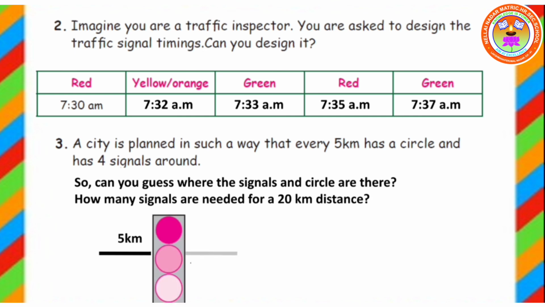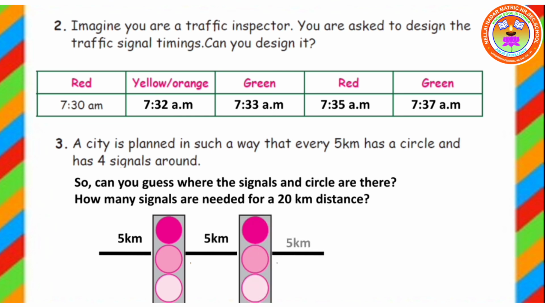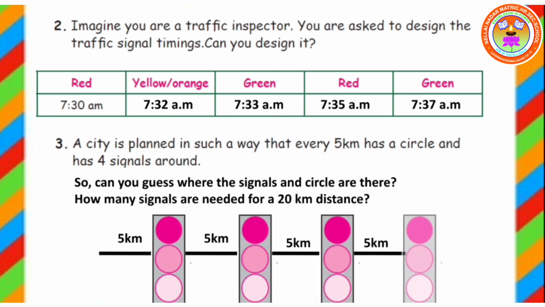Second 5 km, 1 signal. Third 5 km, 1 signal. Fourth 5 km, 1 signal. 5 fours are 20. 20 km, 4 signals are there. 20 km, how many signals is there? 4 signals are there.